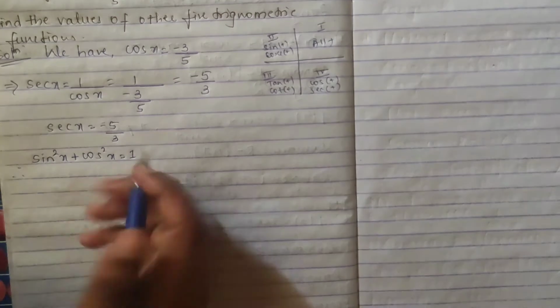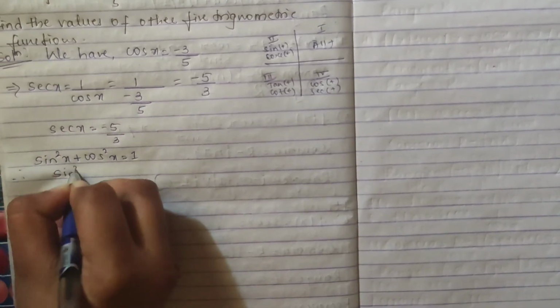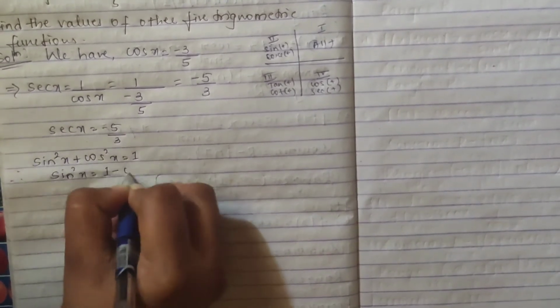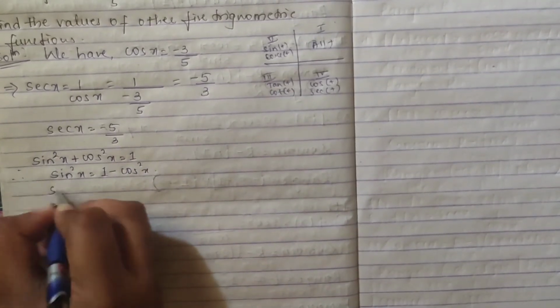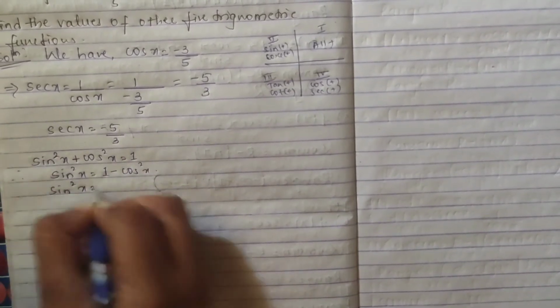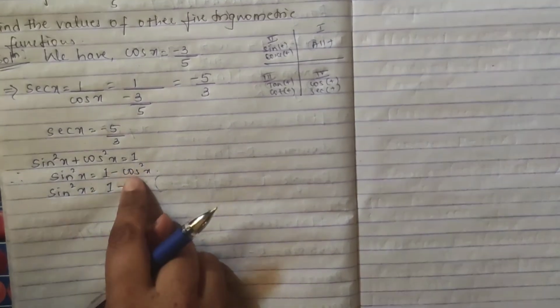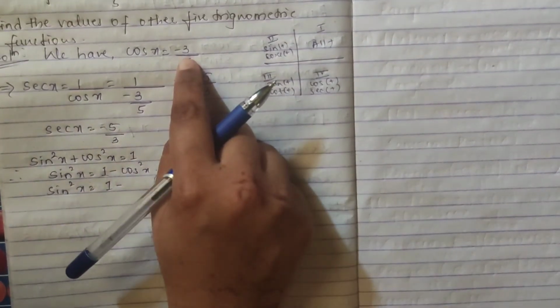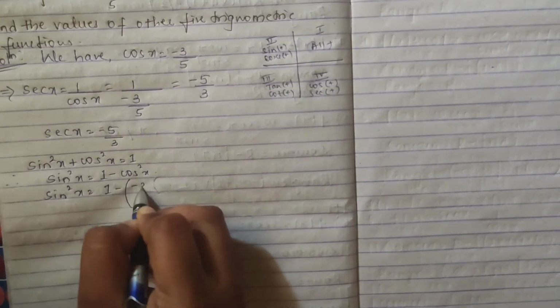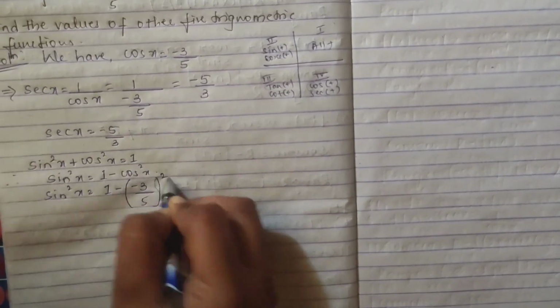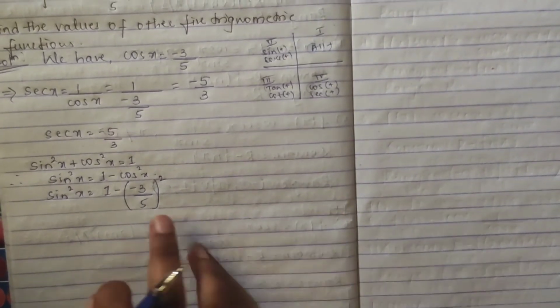Here I need sine, right? So sine square x will be 1 minus cos square x. Cos x is minus 3 by 5, so cos square x will be minus 3 by 5 whole square.